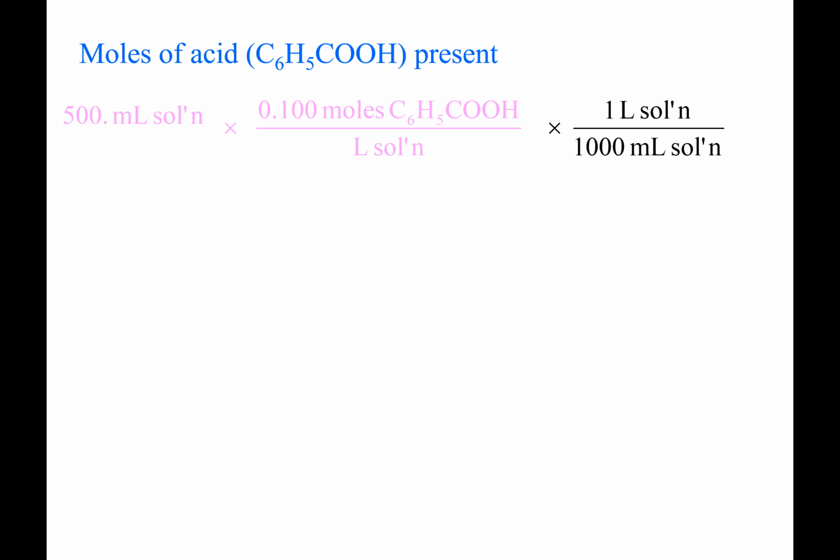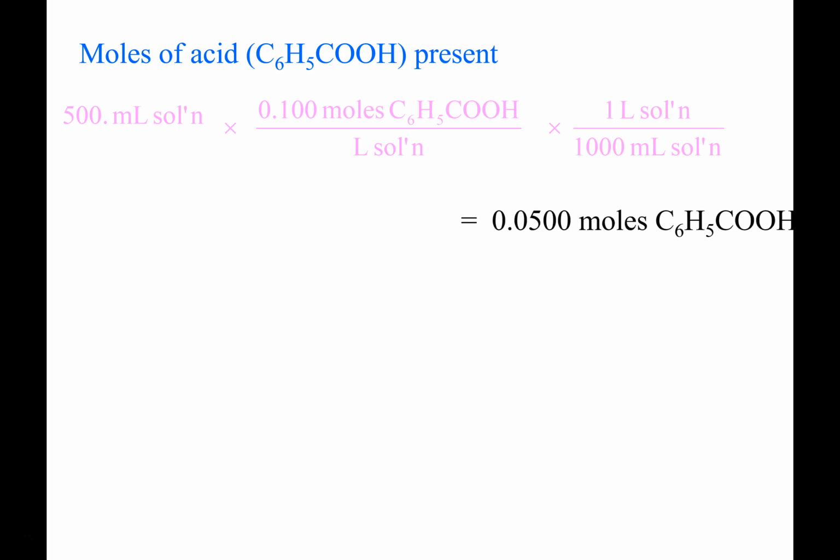The molarity is 0.100 moles per 1 liter. Round to 3 significant figures, then the moles of acid are 0.0500.